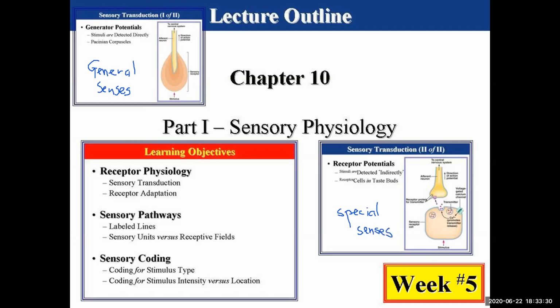For example, this is showing you the sense of taste. When you're tasting food, what goes on in your taste buds is called the receptor potential. The reason is that there's a microscopic space between the sensory neuron and the peripheral receptor, in this case a taste receptor.